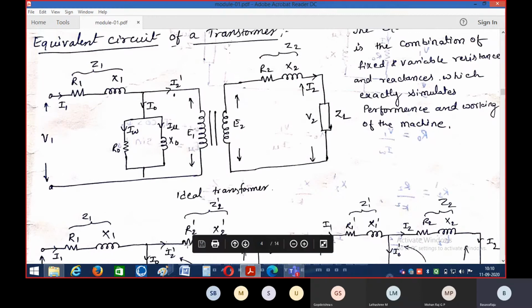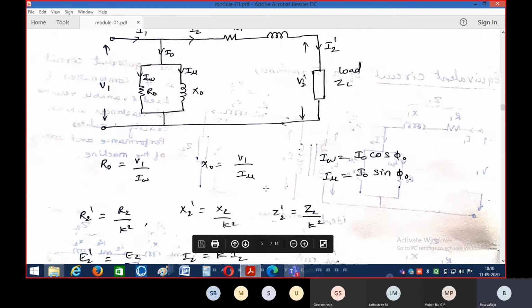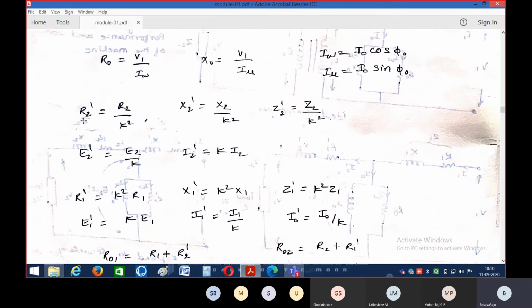So how can we calculate that new value of resistance? The formula is R2 dash equals the secondary resistance divided by the square of the transformation ratio K. That is, R2 dash equals R2 divided by K square.